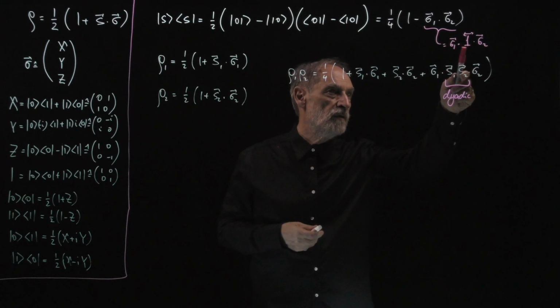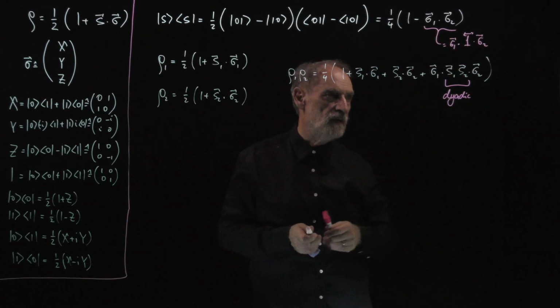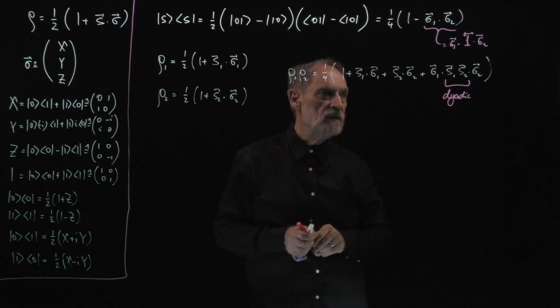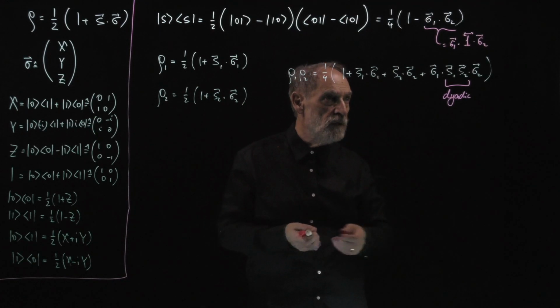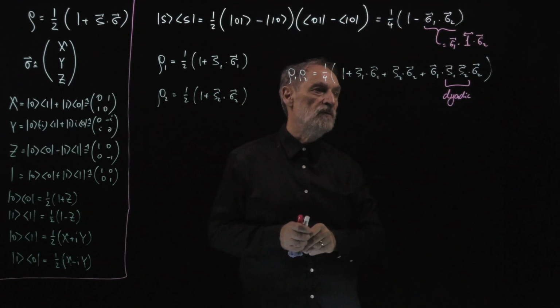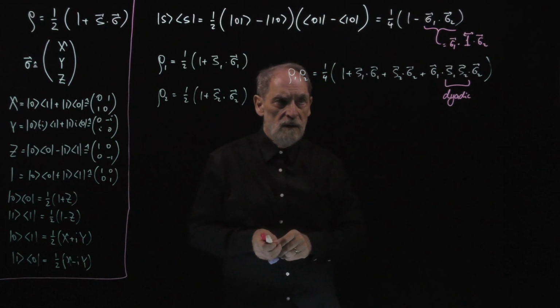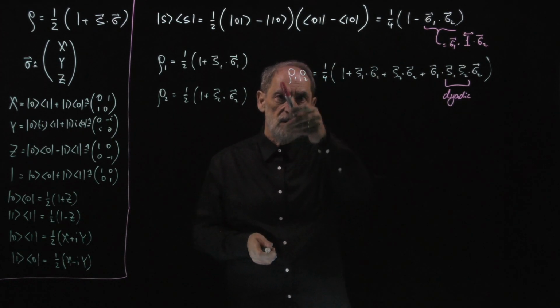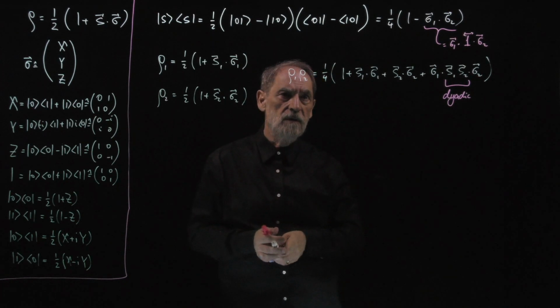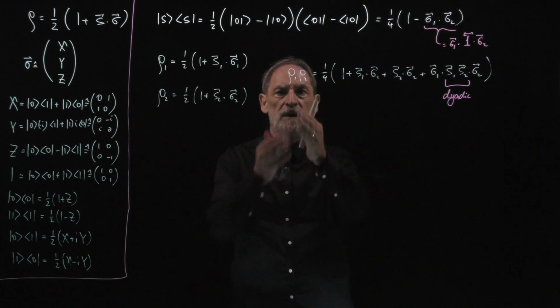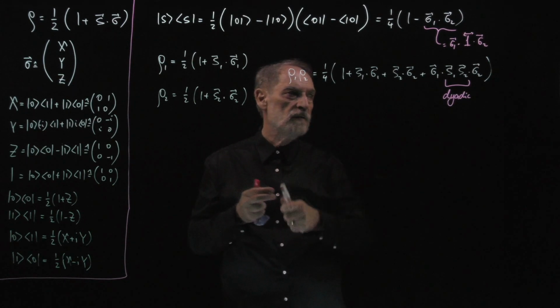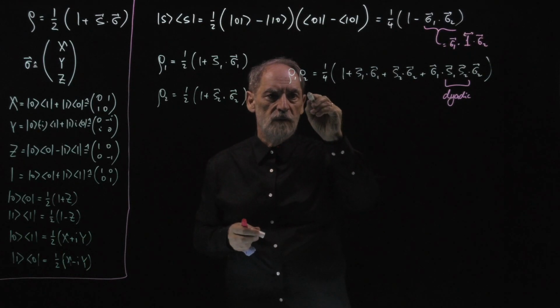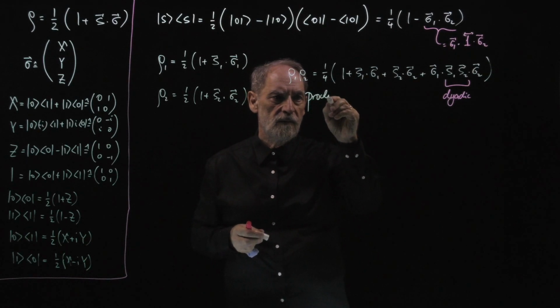You dot it into a vector on the left, it reproduces that vector. So it just does what a unit operation is expected to do. In this particular structure, we just have a product of something that goes by rho 1 and rho 2. So this is what we call a product state.